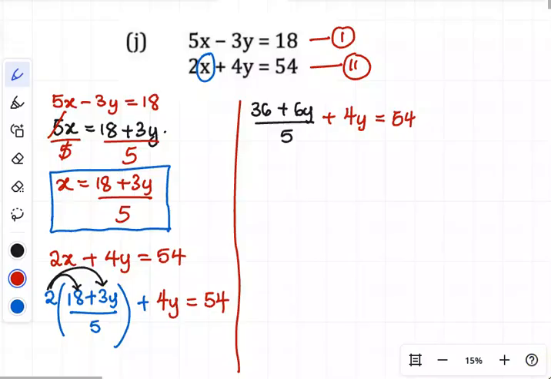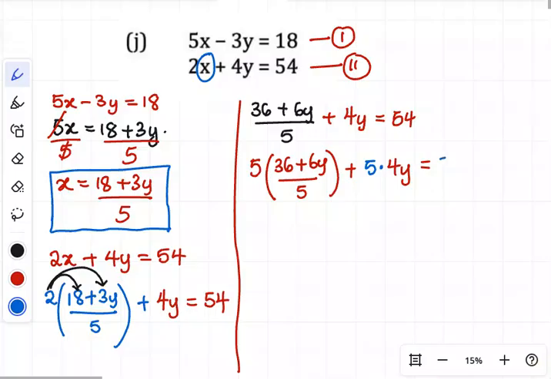So let me do this: 5 times the whole of 36 plus 6y over 5, then close bracket, then plus 5 times 4y, then equals 5 times 54. At this point, this 5 clears off this 5.